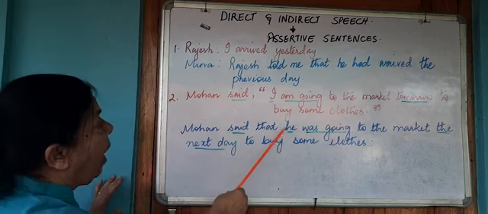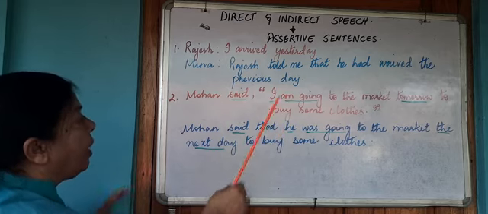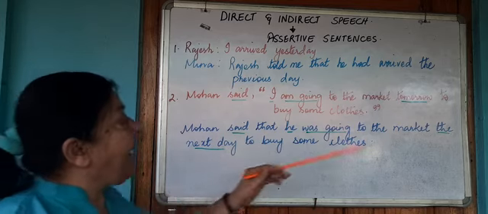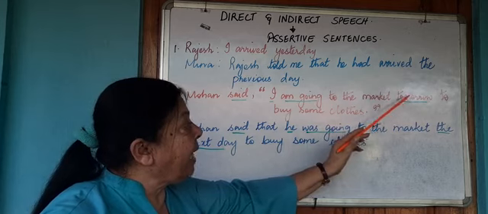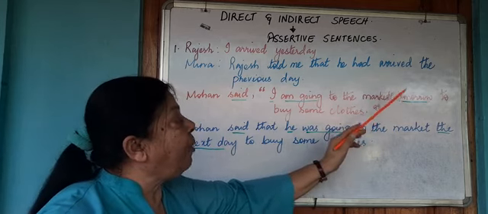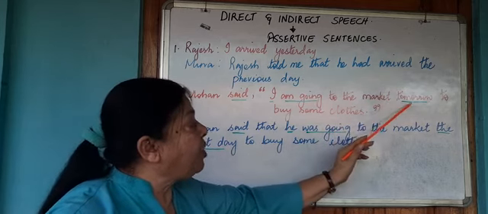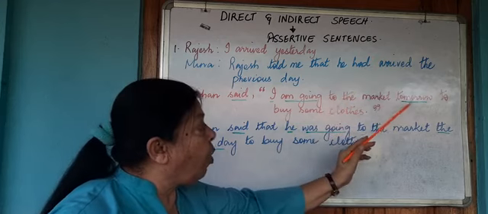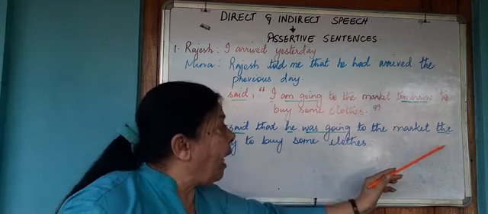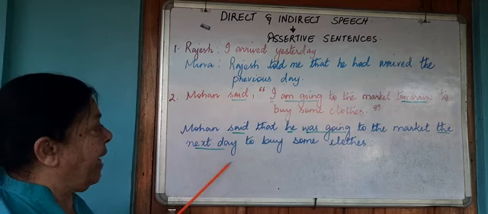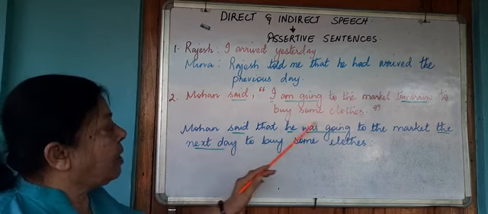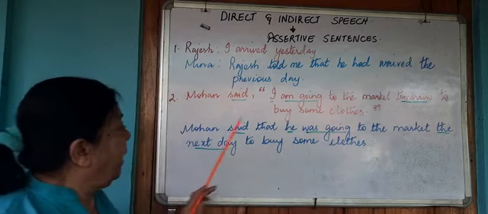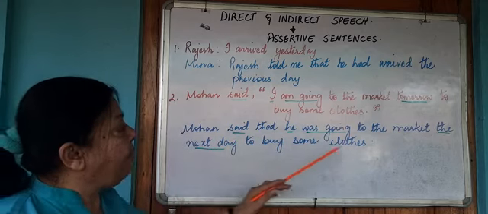So, the next change is in adverbs of time and place. In this case, tomorrow is an adverb of time. Adverbs of time and place will also undergo a change. Tomorrow becomes the next day. Therefore, Mohan said that he was going to the market the next day to buy some clothes.